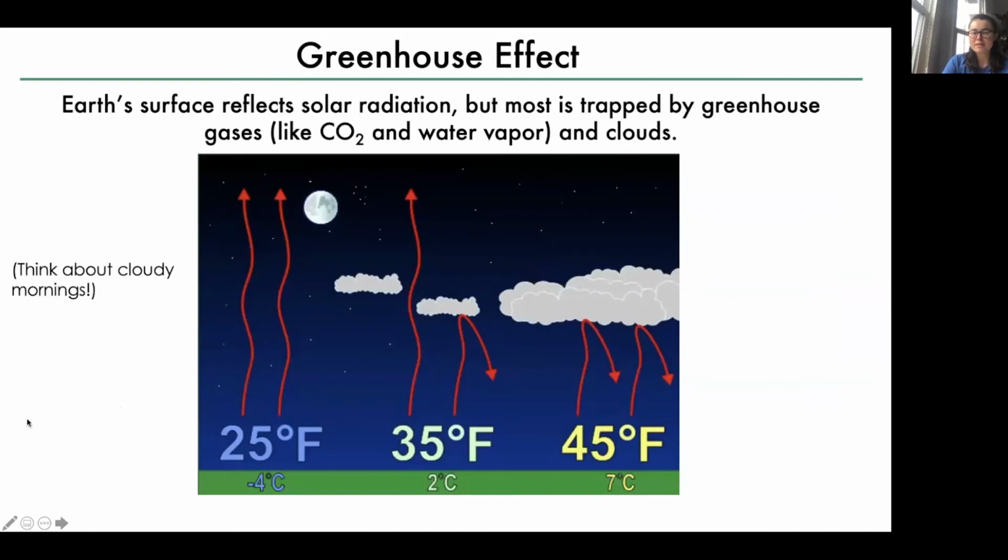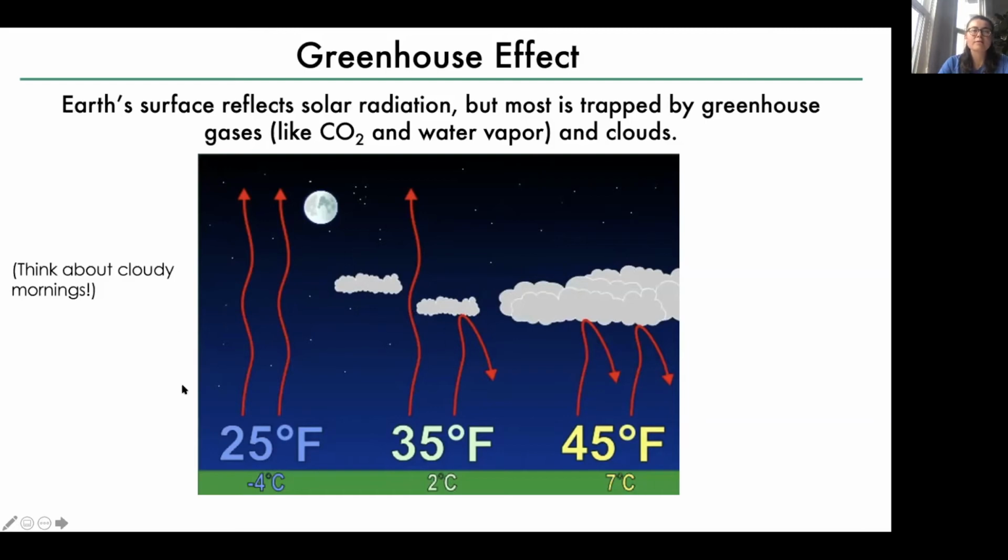So something we haven't even considered yet is the greenhouse effect. Earth's surface, like we've been talking about, reflects solar radiation, and it also emits radiation. But most of that is trapped by greenhouse gases like carbon dioxide and water vapor, and also just clouds, which contain a lot of water vapor.